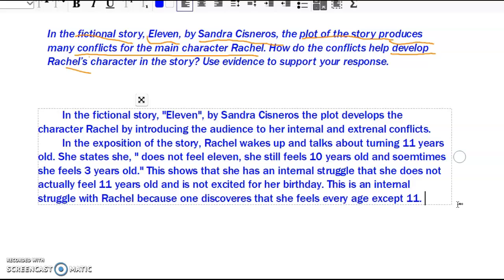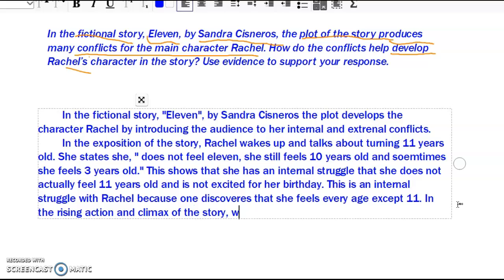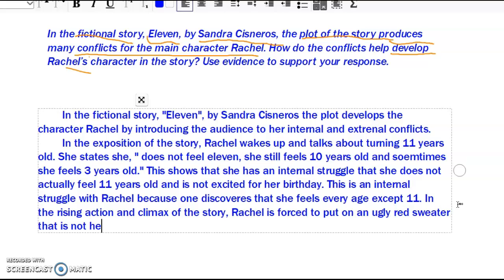After our exposition, we have our rising action and our climax, right? In the rising action and climax of the story, Rachel is forced to put on an ugly red sweater that is not hers, right? She's forced to do this.